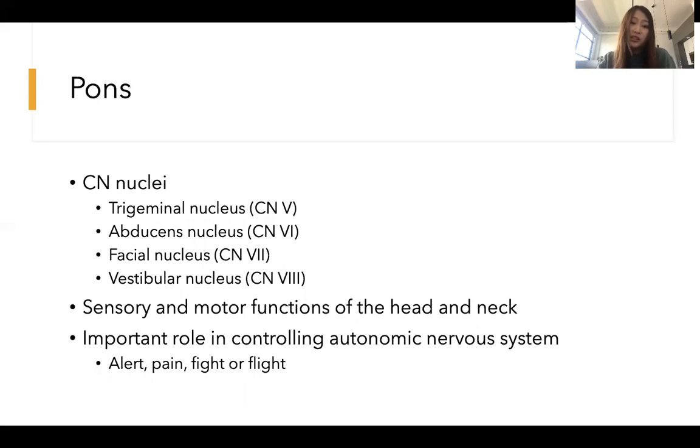Next, the pons houses the trigeminal nucleus for cranial nerve 5, abducens nucleus for cranial nerve 6, facial nucleus for cranial nerve 7, and vestibular nucleus for cranial nerve 8. It plays an important role in controlling the autonomic nervous system, especially staying alert and pain and fight or flight.